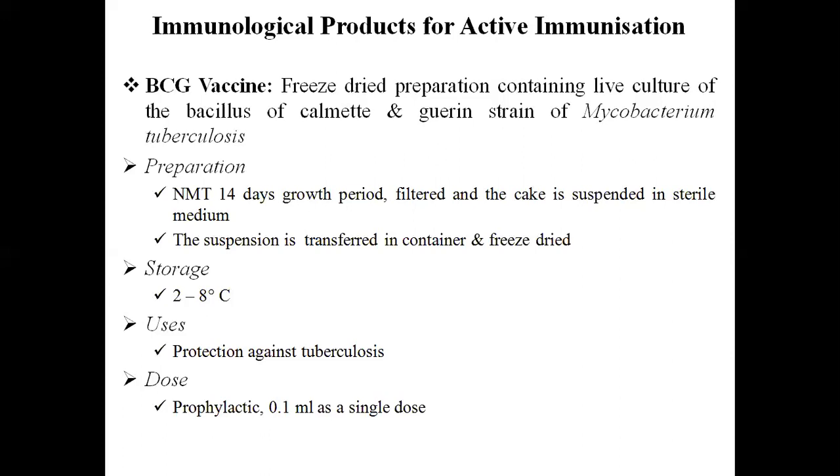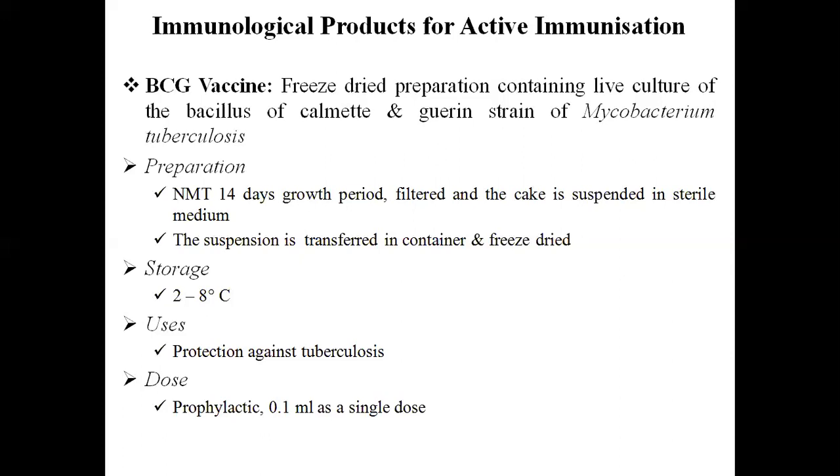After suitable growth of the bacteria, they are separated by filtration, and when the cake is formed, the cake is collected and homogenized in a grinding flask and then suspended in a sterile liquid medium. The medium is designed to preserve the antigenicity and the viability of the vaccine.